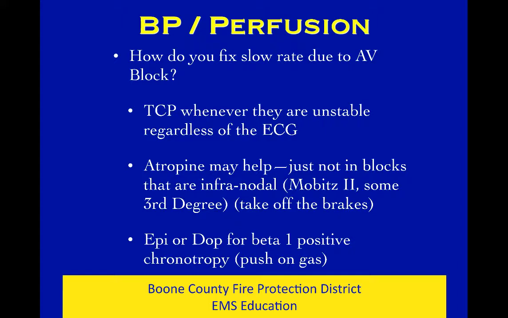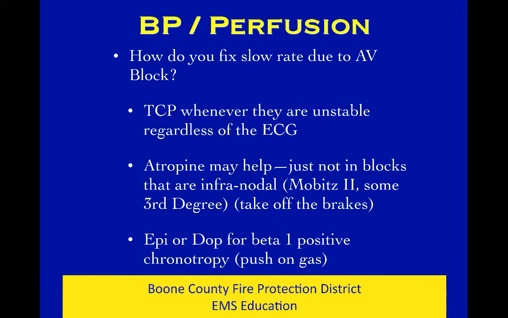If you're looking at a Mobitz 2, a second-degree type 2, or a high-grade block or any of the variations of second-degree type 2, then atropine's not going to help because you're trying to block the system that isn't even wired in to where the block is. Type 2s are infranodal, atropine's not going to help. Some third degrees are also infranodal, some are intranodal. And so atropine's reasonable to try in your not unstable yet patient.